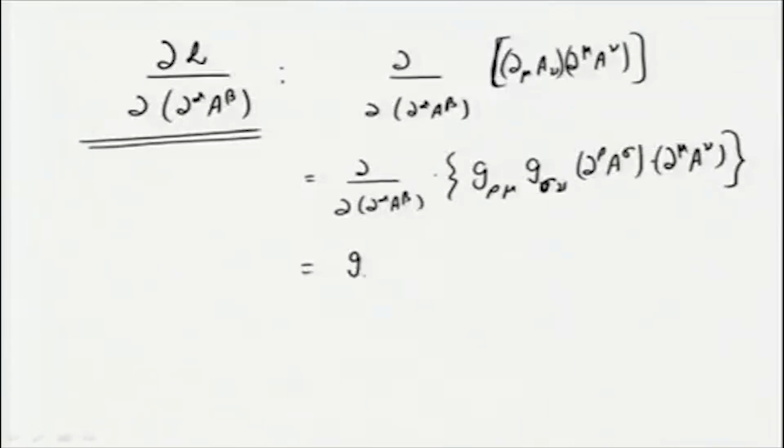So, we have g^{ρμ} g^{σν} as a common factor, which is independent of the space-time coordinate, the vector potential.